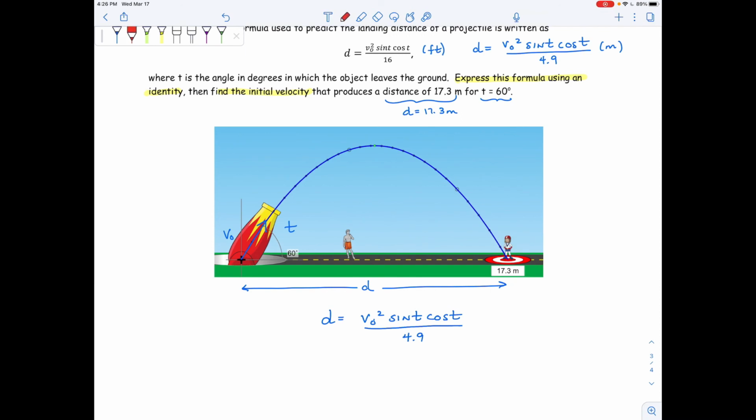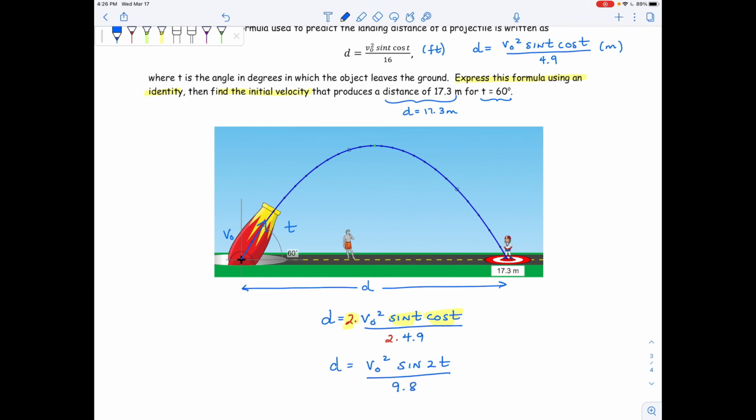So what we're going to do is multiply the top and the bottom of this equation by 2. And then that way we can take the 2, the sine t, and the cosine t and chunk them together, leaving the v naught squared out in front, and then writing the rest of it as sine 2t. And then in the denominator, you'll get 9.8.